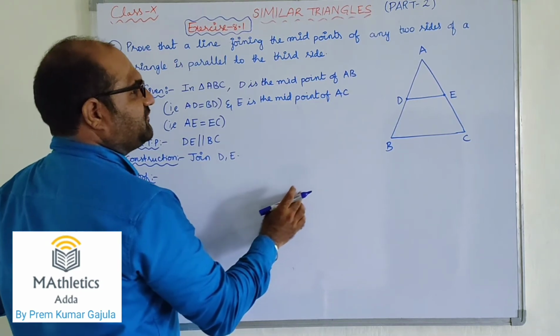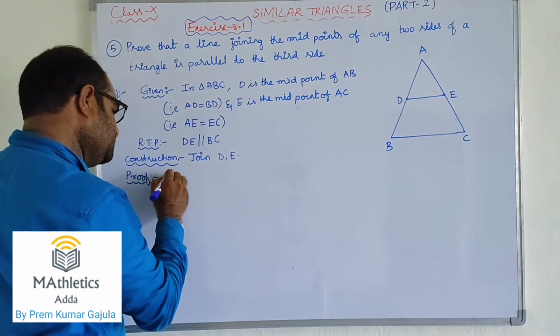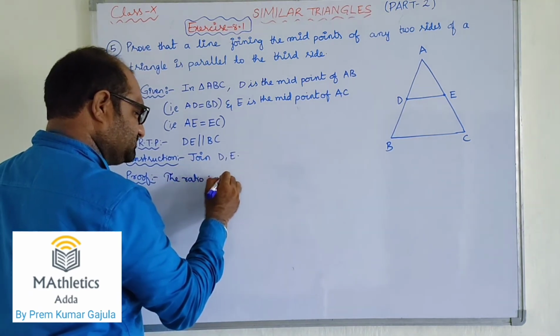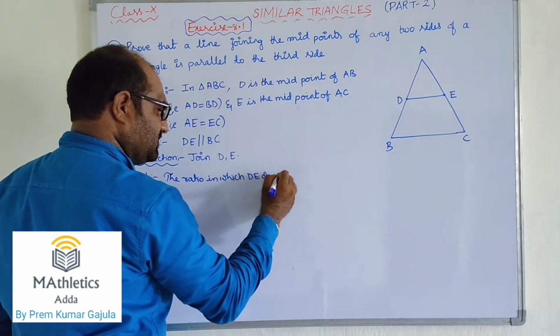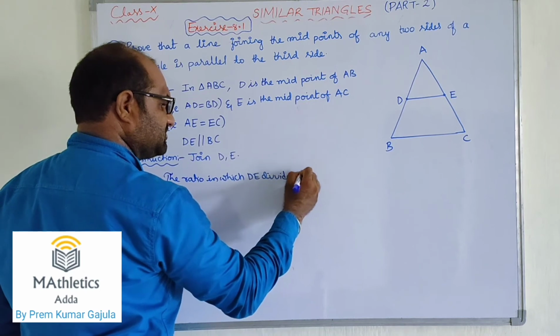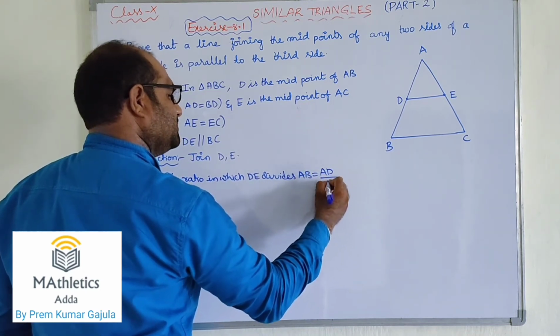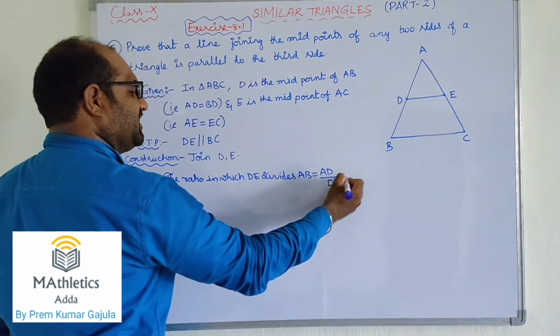Okay. So now first of all, let us find out the ratio AD by DB. That is the ratio in which DE divides AB, which is AD by DB. And we know that AD and DB both are equal.